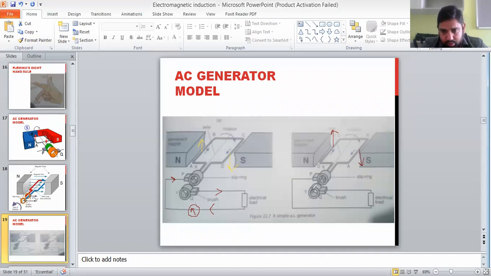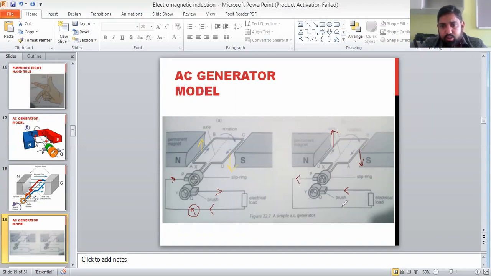Now we'll find out the direction of current in this circuit. You can see D to C for this ring. It means the direction of current is into the ring, and here the direction of current is B to A, to the ring, so the direction of current will be this.